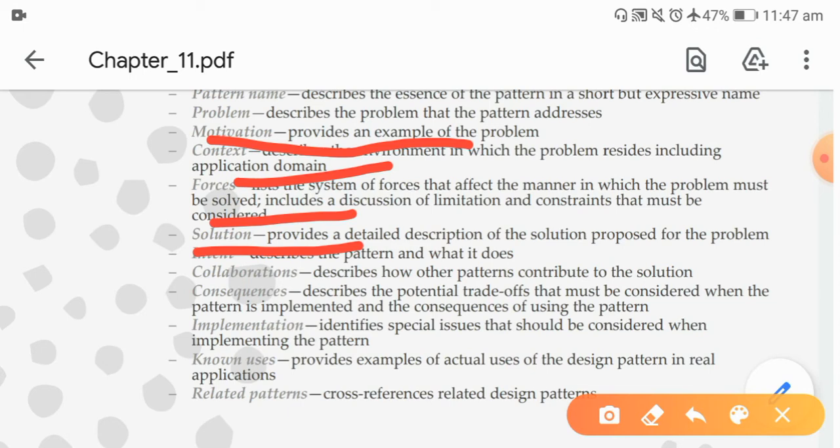What is the intent then? Describe the pattern and what it does. That is, when you are going to represent your context, you need to describe its intent. That is, if you click on the withdrawal button, what will the withdraw option do? In the withdrawal option, first of all, you need to enter your PIN. After that, you need to enter the withdrawal amount.